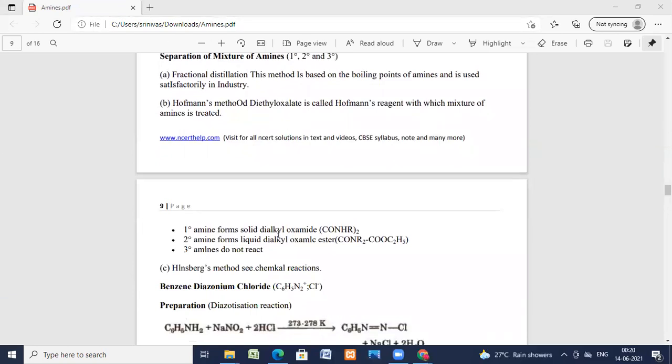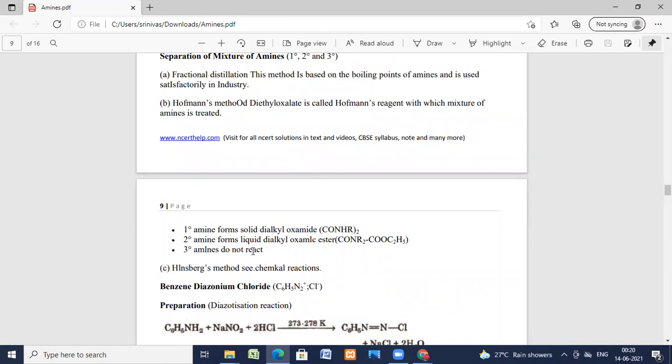So in that, primary amine forms solid dialkyl oxamide. Secondary amines form liquid dialkyl oxamyl ester. Tertiary amines do not react.